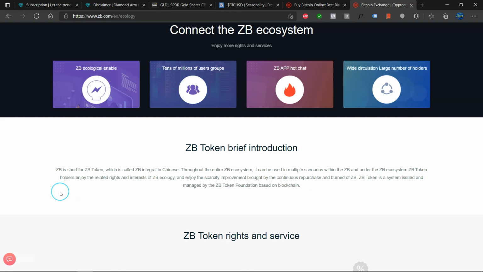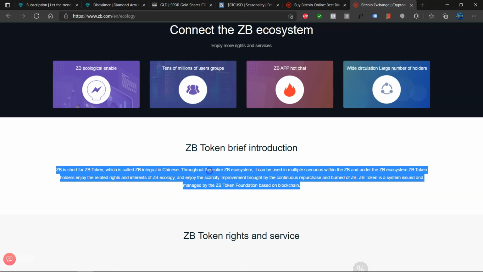SetB token holders enjoy the related rights and interests of SetB ecology and enjoy the scarcity improvement brought by the continuous repurchase and burn of SetB. SetB token is a system issued and managed by the SetB Token Foundation based on blockchain. I mean, this is very poorly written.